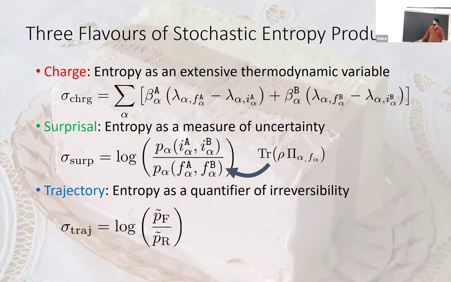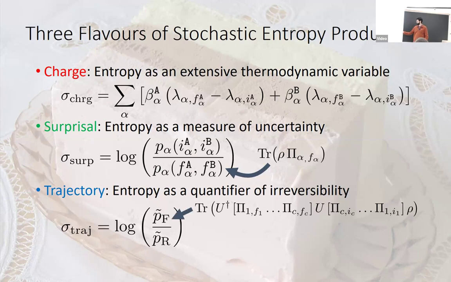And finally, for our third definition, this, if you recall, was the first formula on the previous slide, except instead of using a forward and reverse probability, we've actually used a forward and reverse quasi-probability. And these retain a very similar interpretation. So the forward one is the same one we've talked about. And we can kind of read this off as preparing rho, measuring charge 1, unitary evolution, and so on.